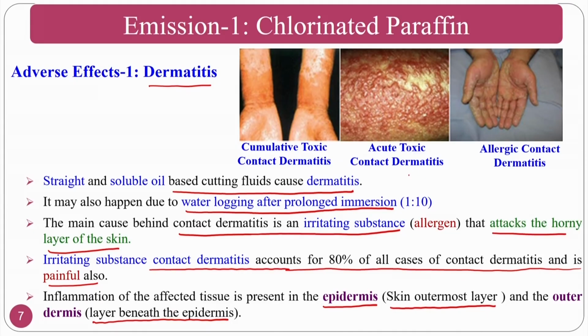It causes allergy, that is called acute toxic contact dermatitis, allergic contact dermatitis. Most of the dermatitis from chlorinated paraffins is contact dermatitis. Whenever it falls on the surface, it causes allergy and affects the epidermis, that is nothing but the outer layer.